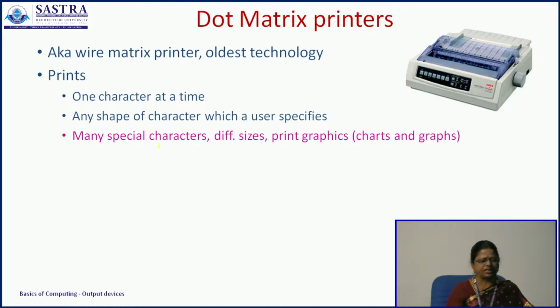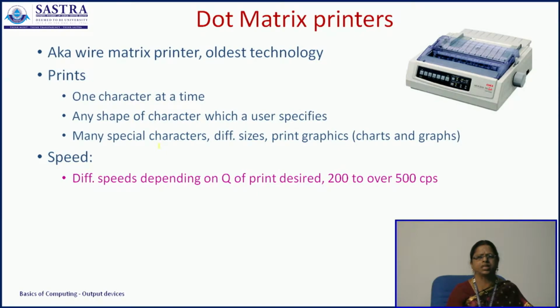Many special characters of different sizes, and any printable graphics can be printed using this dot matrix printer. But all these things, for example, charts and graphs, will be in the form of dots.